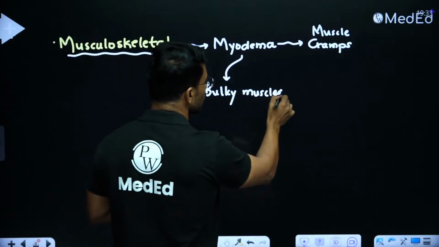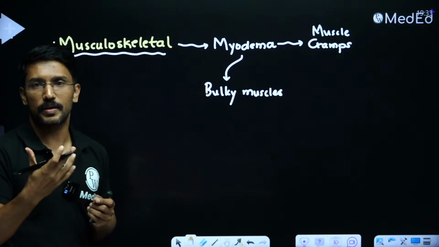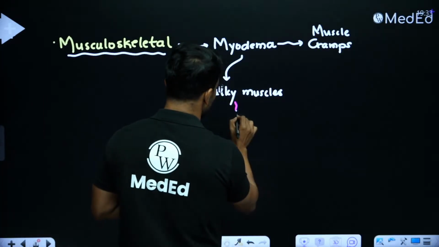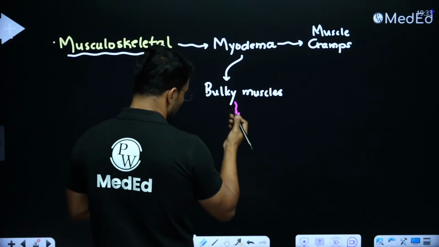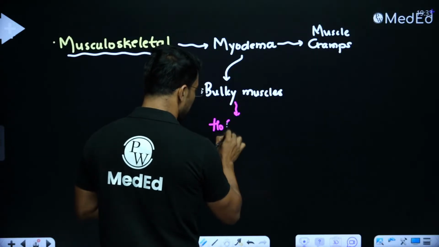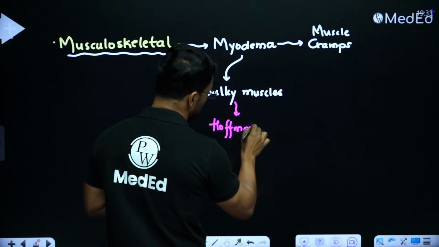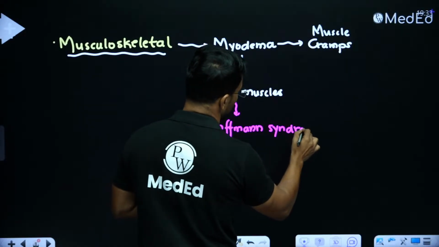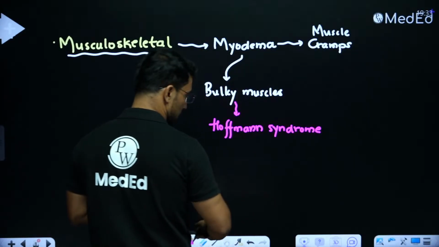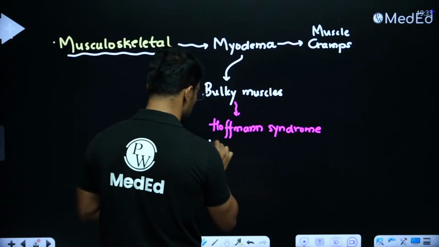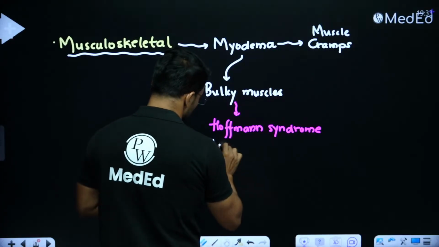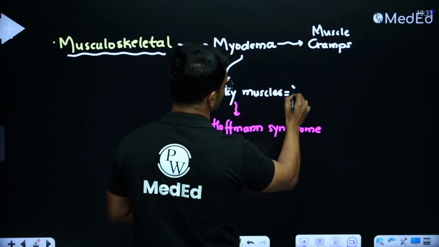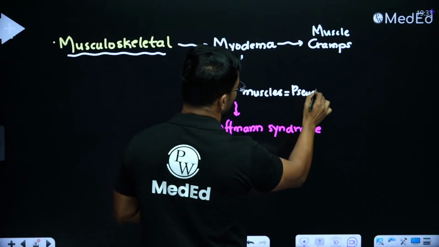These are not strong muscles, they are weak muscles, but they look bigger, especially the calf muscle. This bulky appearance of the calf muscles is called Hoffman's syndrome. It's different from Hoffman's sign. It's called Hoffman syndrome. So what is Hoffman syndrome? Bulky calf muscles. We can also call it pseudohypertrophy, because there is no true hypertrophy.